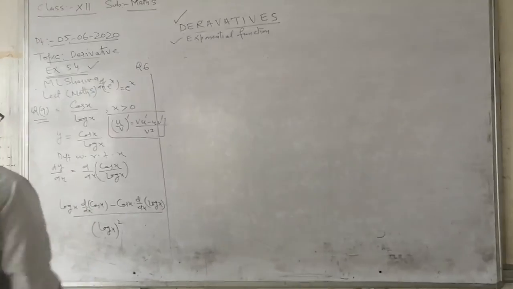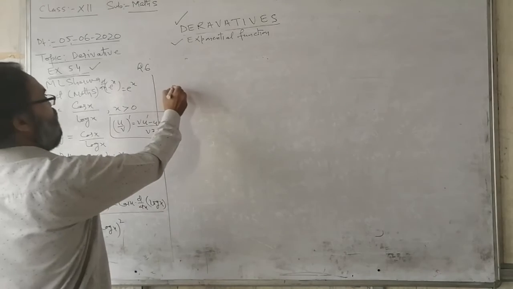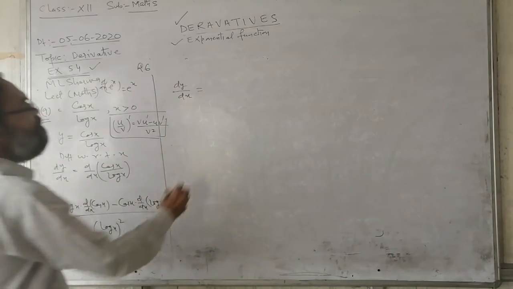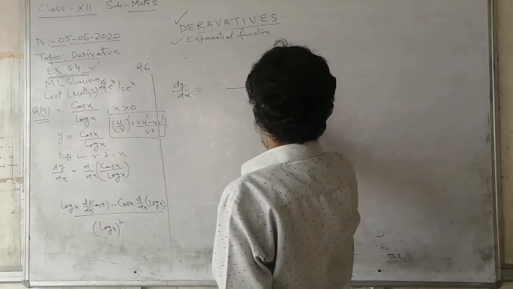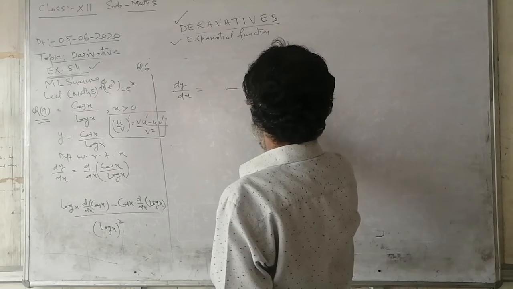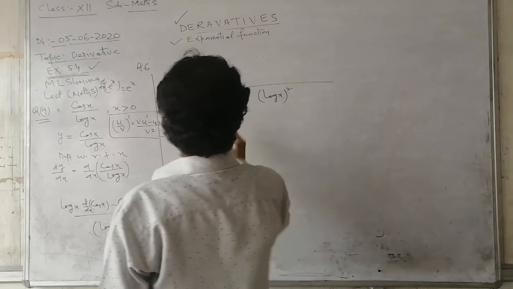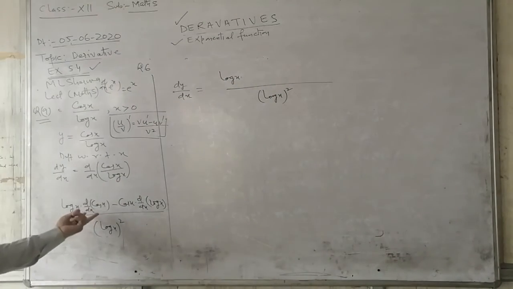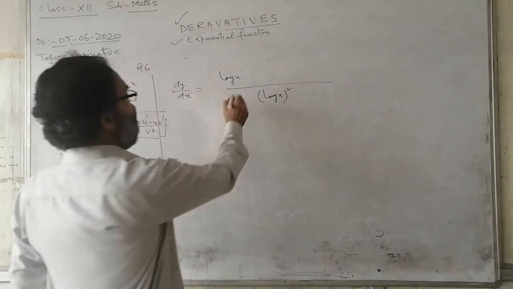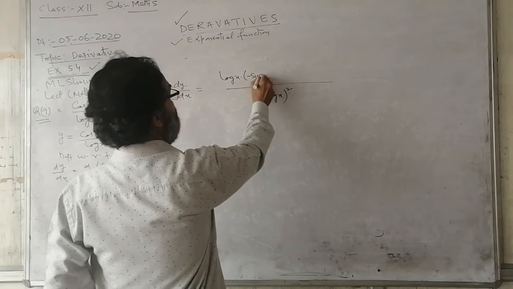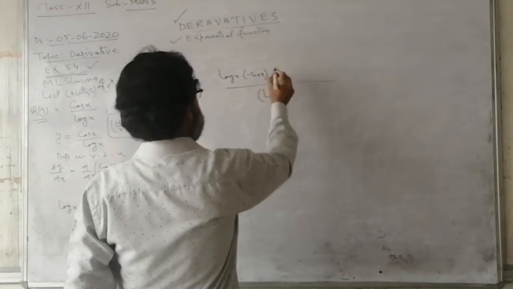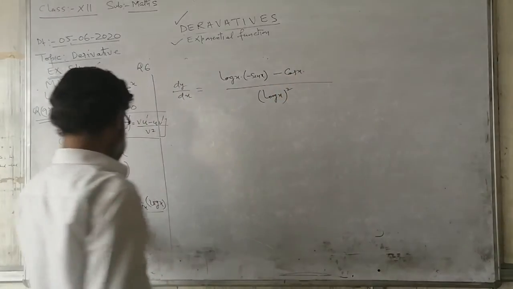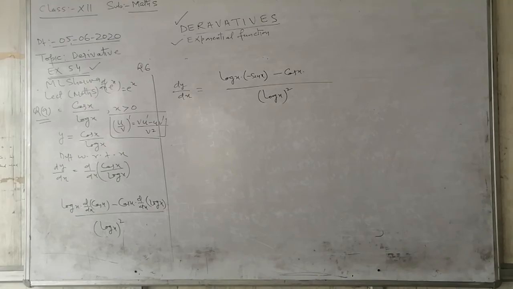So this can be further simplified. dy/dx equals (log x)², log x into the derivative of cos x, which is −sin x, then minus cos x into the derivative of log x, which is 1 upon x.